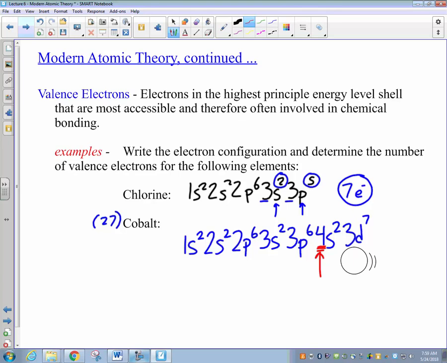The valence shell, the place where they're on average furthest from the nucleus, is designated by the highest principal energy level. That is the 4th energy level, where we have 2 electrons occupying that spherically shaped orbital. So for cobalt, the valence shell electrons are in the 4s orbital, which means we've got a total of 2 electrons in the valence shell for cobalt.